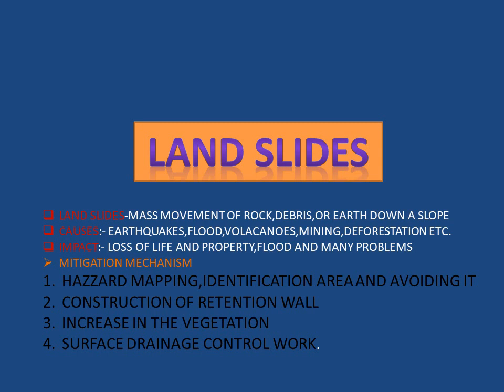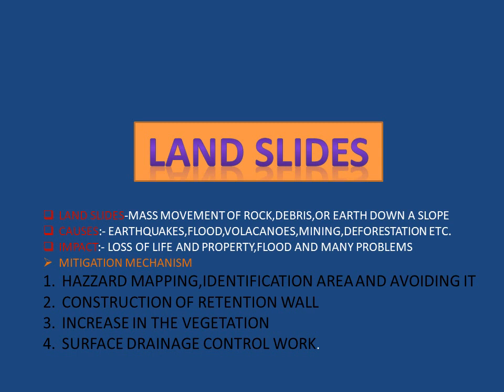Then a retention wall could be built to prevent the sliding of rocks and debris downslope. Then mapping of hazards can be done through geographical information systems or remote sensing techniques. You could identify areas which are more prone to landslides, take preventive measures in those areas, and ensure development in specific channelized ways.